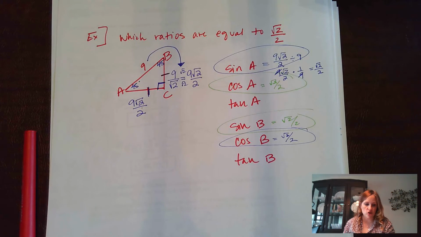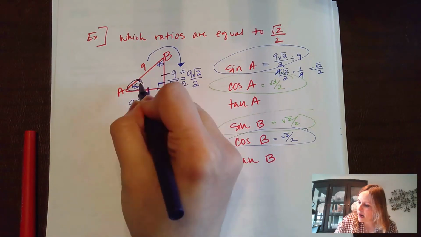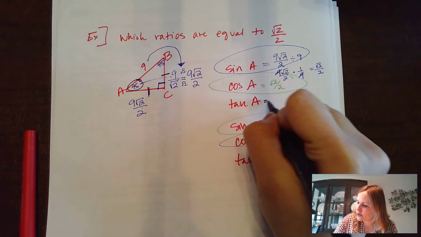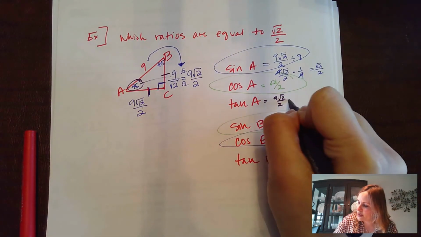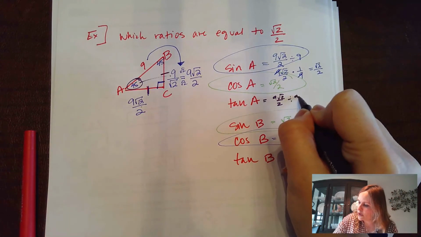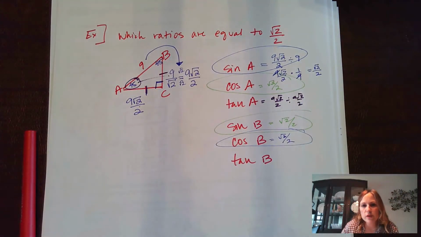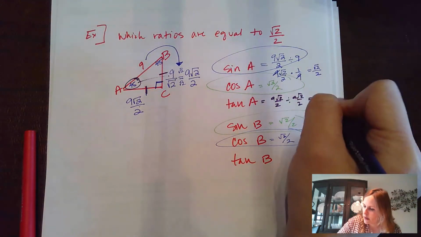All right, let's do tangent. Tangent is opposite over adjacent. So tangent of A: opposite side is 9 root 2 over 2 divided by 9 root 2 over 2. Well, when you divide something by itself, like 1 divided by 1, 100 divided by 100, 9 root 2 over 2 divided by 9 root 2 over 2, what do you get? 1.